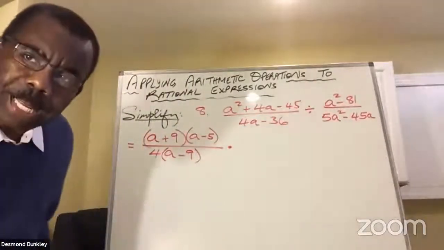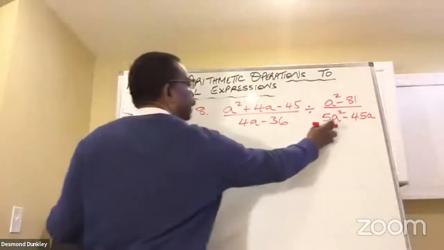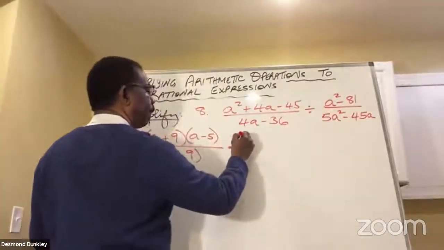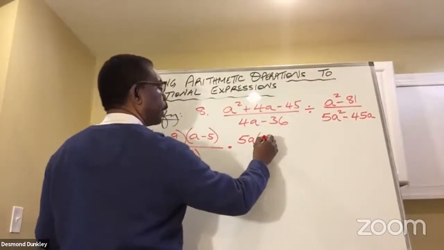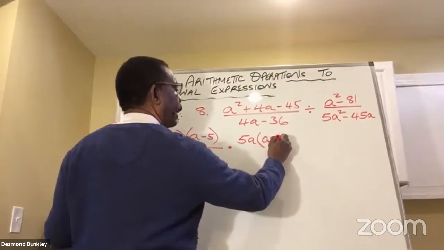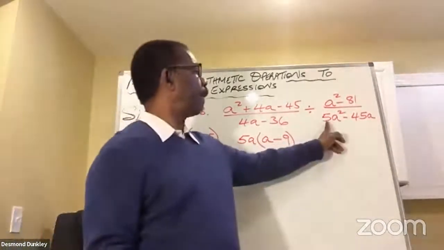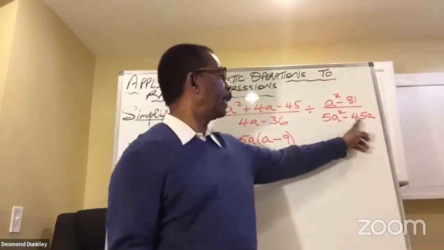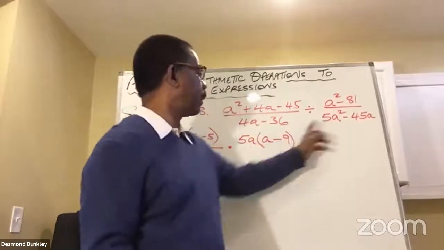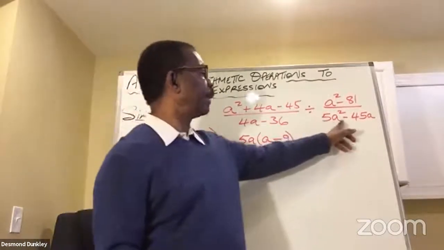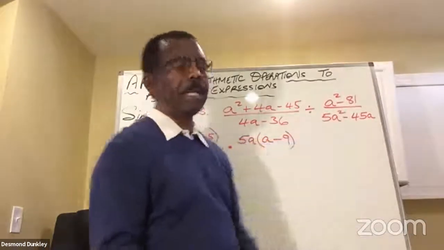And if you will allow me, I'm going to just factorize at the same time. So this goes to the top, and I'm seeing 5a times a minus 9. Look at this. 5 is common to the 2, and a is common to the 2. So take out the 5a, we're left with a, because 5a times a is 5a squared, and 5a times negative 9 is negative 45a.